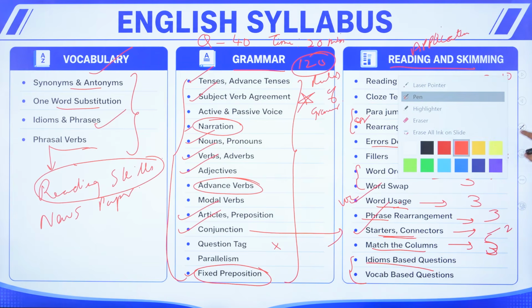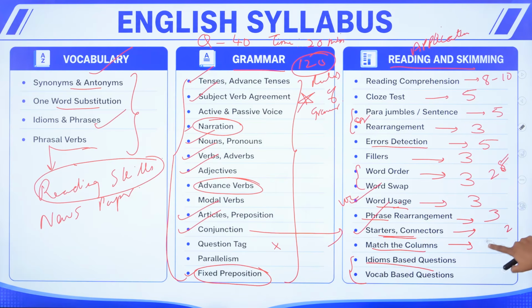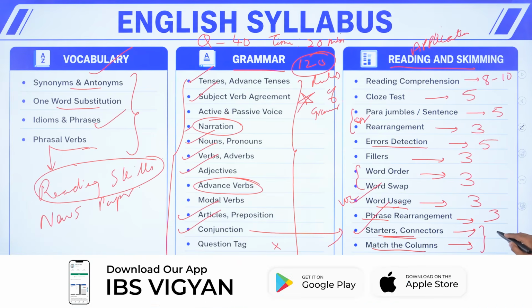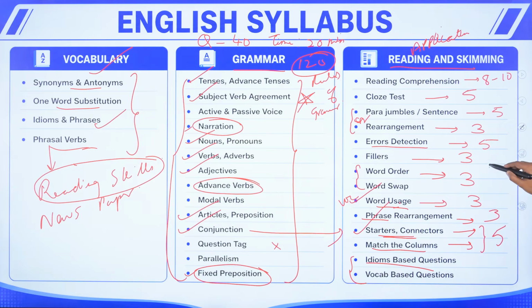In this way they will balance the marks. If you erase it, you have the starters, connectors, match the column, almost 5. So 5, 20, then 10, 30, remaining 3, then 6, then 9, then somewhere around they will reduce some 3, 2 like that.